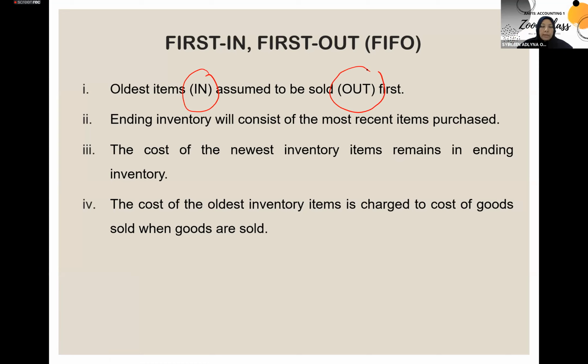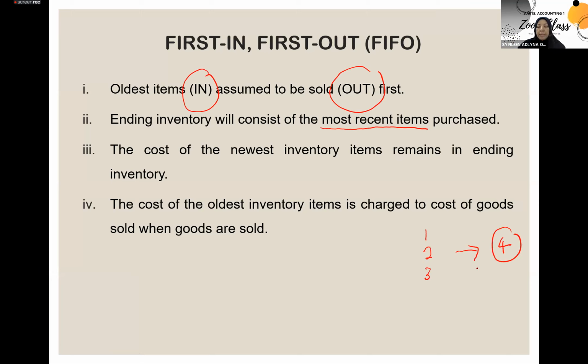Alright, ending inventory will consist of the most recent items. Yang ni betul lah. Okay, sebab katakan item you masuk 1 hari bulan, 2 hari bulan, 3 hari bulan. Okay, so nanti tiba-tiba you akan jual pada 4 hari bulan. So bergantung kepada berapa item yang dijual.